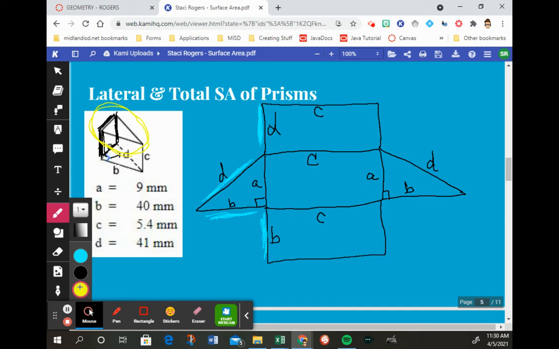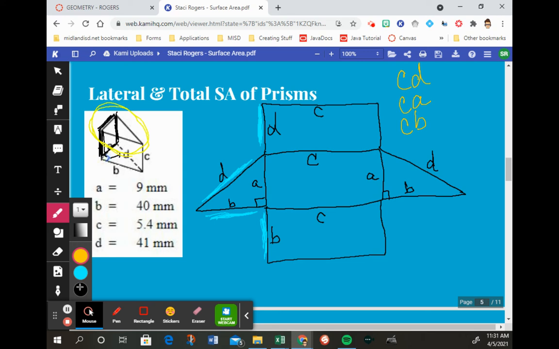So let's list out what we're going to do. We're going to multiply C times D, C times A, and C times B. Do you see a pattern there?